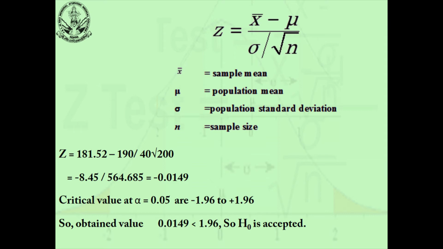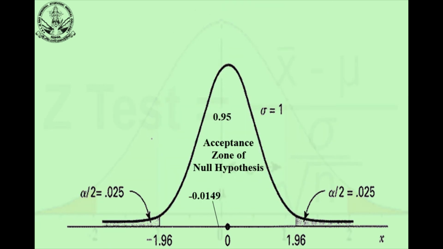We will see here. This is given at the 95% confidence interval, varying from minus 1.96 to plus 1.96. Whatever value we have got, 0.0149, will come somewhere here.